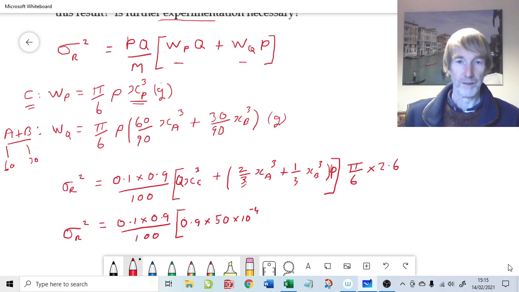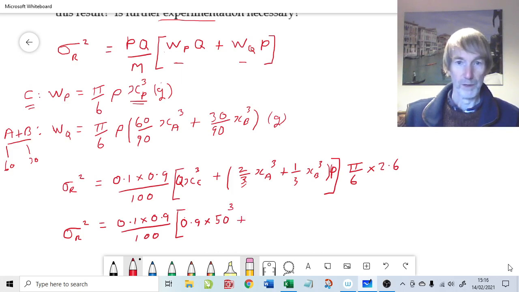In fact, I can take the 10 to the minus 4s out as well, because this will be a recurring theme for all the sizes. So I've got a 10 to the minus 4 to take out and cube.